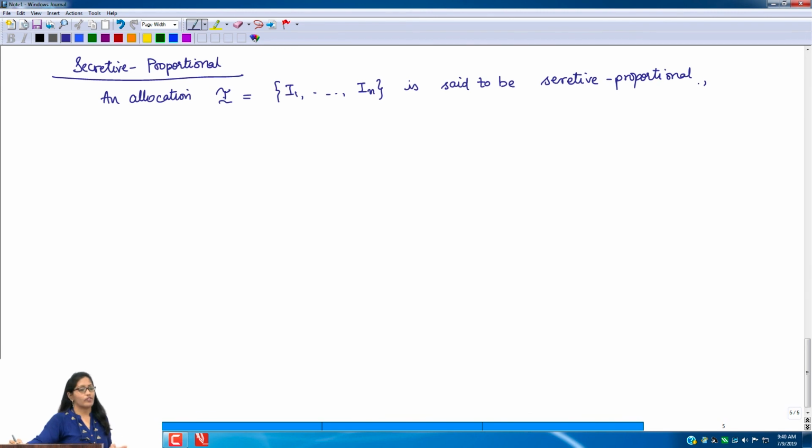Just recall the definition of proportionality and recall how we are defining secretive fair or secretive envy-free division, and just see how we'll define secretive proportional now. So an allocation would be a secretive proportional allocation if, no, but what comes before that? Say it louder. Don't be afraid if it's wrong or anything, but just speak up. Okay. Anyone else? If what happens?